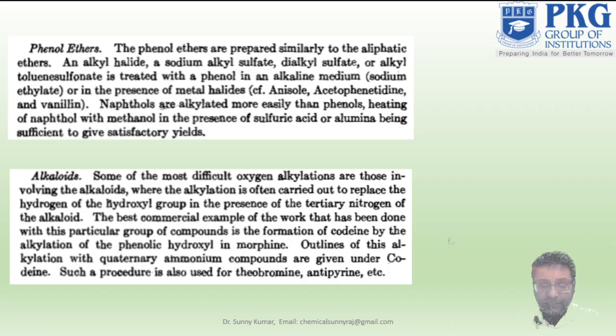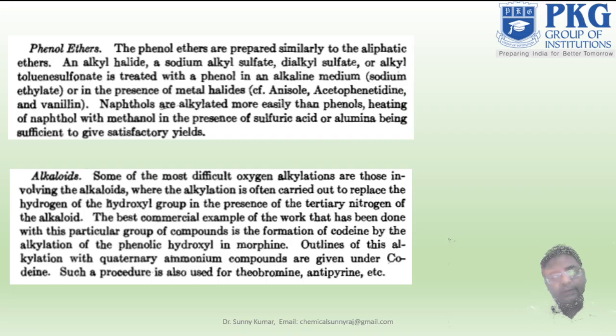The best commercial example of the work with this particular group of compounds is the formation of codeine by the alkylation of the phenolic hydroxyl in morphine. Outlines of this alkylation with quaternary or amino compounds are given under codeine. Such a procedure is also used for theobromine, antipyrine, etc.